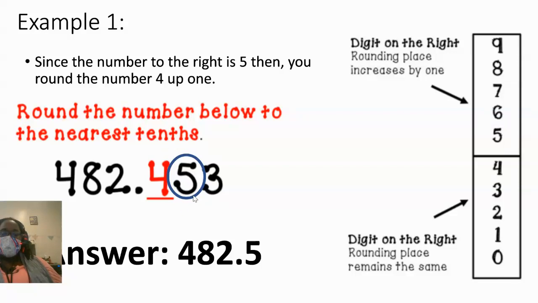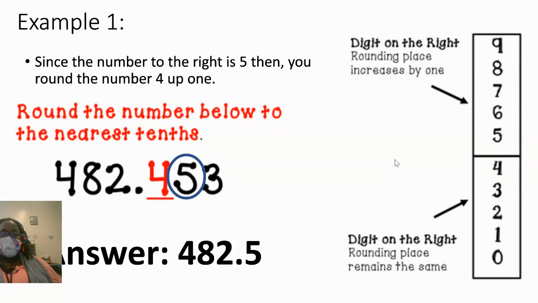And now, looking at the number, we need to determine whether you round up or down. My answer here says since the number to the right is 5, then you will round the number 4, which is this 4 underline, up 1. So the answer here will be 482.5. Okay. Again, make sure you copy this example down in your notes.